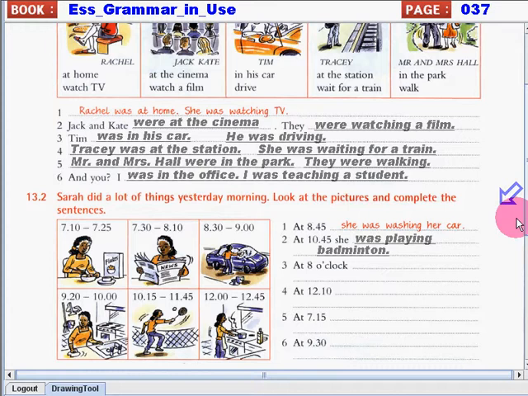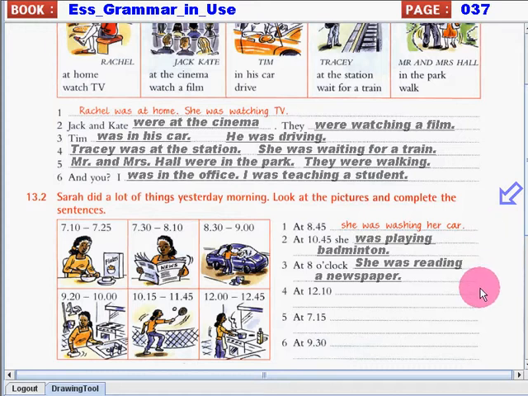So, at 10:45, she was playing badminton. Next number 3. At 8 o'clock. This is the picture with 8 o'clock time. So, what is our sentence for this? So, of course, at 8 o'clock, she was reading a newspaper.